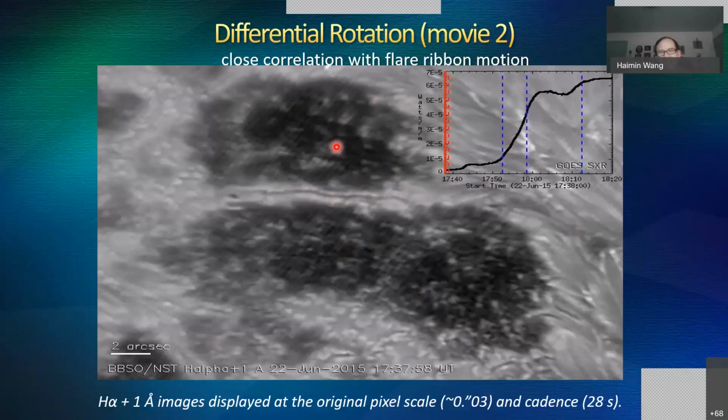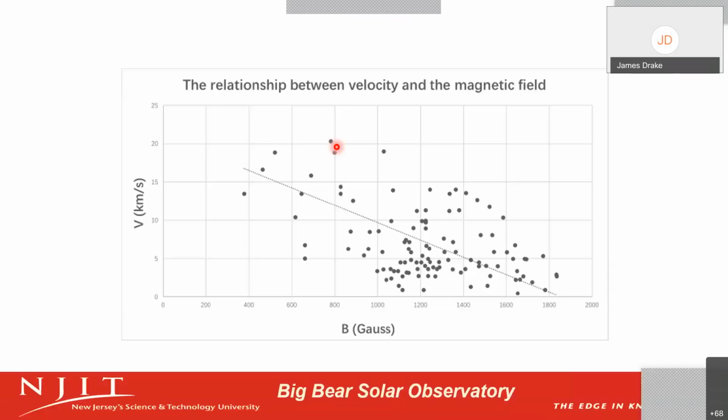So this is Jim Drake. I'm trying to ask about the interpretation of the VB relation. If one had reconnection at some rate in the corona, then looking at the foot point motion, you would see a varying foot point velocity depending on the strength of B, because if you have a constant flux annihilation in the corona, then V would vary depending on the field strength at the foot point.